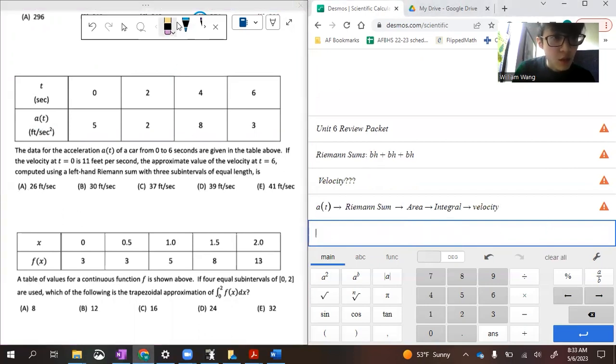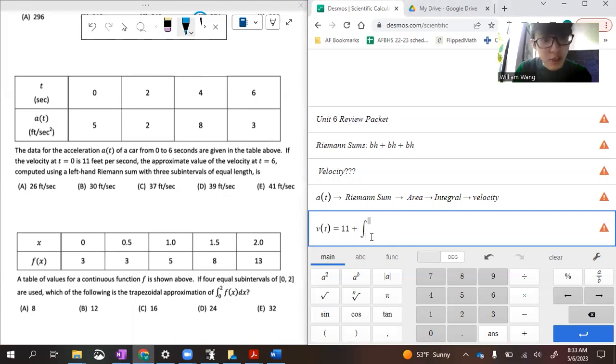The velocity starts off at 11 feet per second. Then I'm going to use my Riemann sum to integrate my acceleration from 0 to 6. This will give me my final velocity.